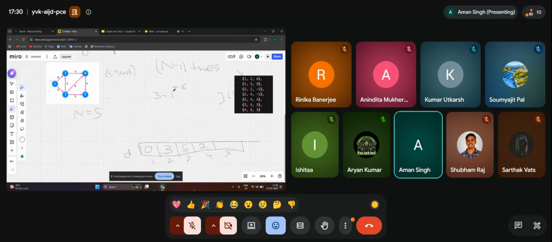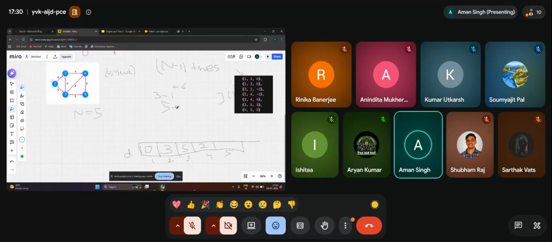Right. Now we will move to the next stage, that is distance of 3 plus 4. Distance of 3 is 5, plus 4, it means 9, is less than distance of 4? So no, it is not less. So we will not update anything because the distance of 3 here is stored 5, right?